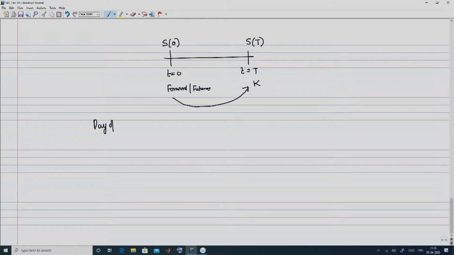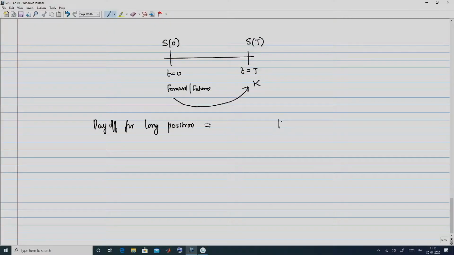Then the payoff for the long position is going to be the following. Please observe that the party which has agreed to buy the underlying asset at time t equal to capital T is going to pay an amount of k and buy the asset.